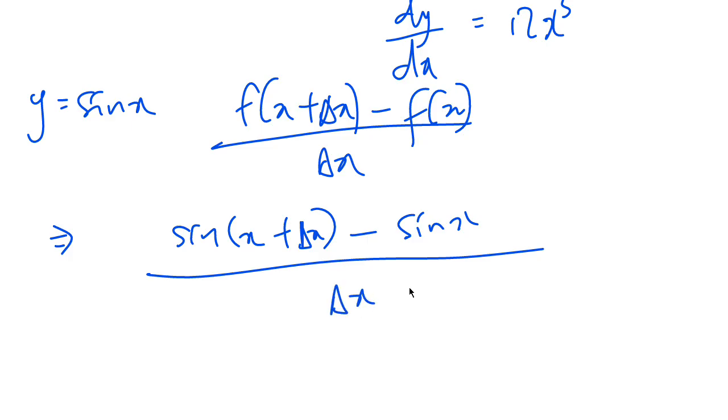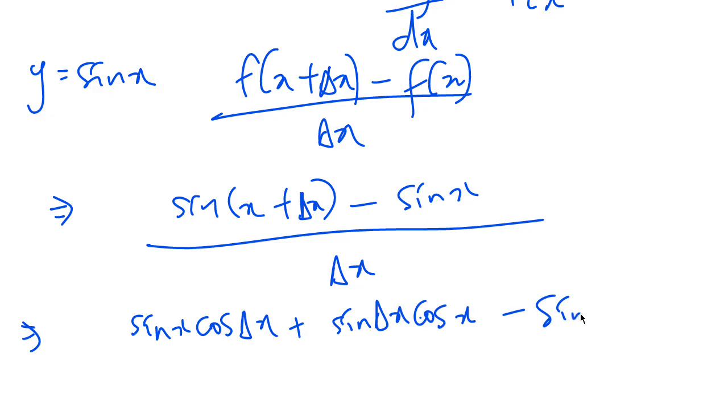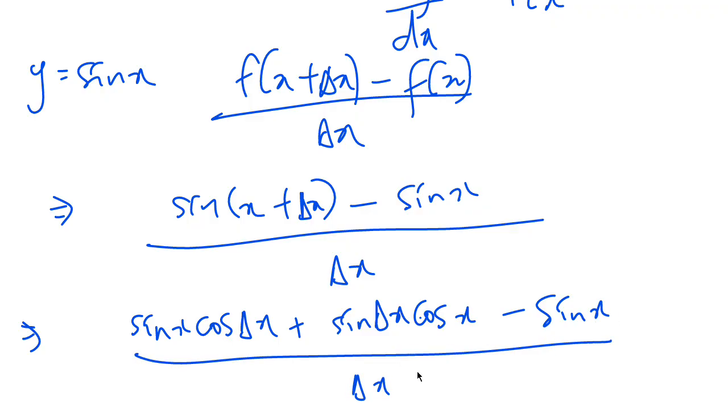I know that sine is a special function, and for functions in the form sin of a plus b, what's the rule? Sin of x plus change in x is going to be equal to sin x cos change in x plus sin change in x cos x. We did this in math 101 in trig. Then minus sin x, and then over change in x. This is using the sine formula.